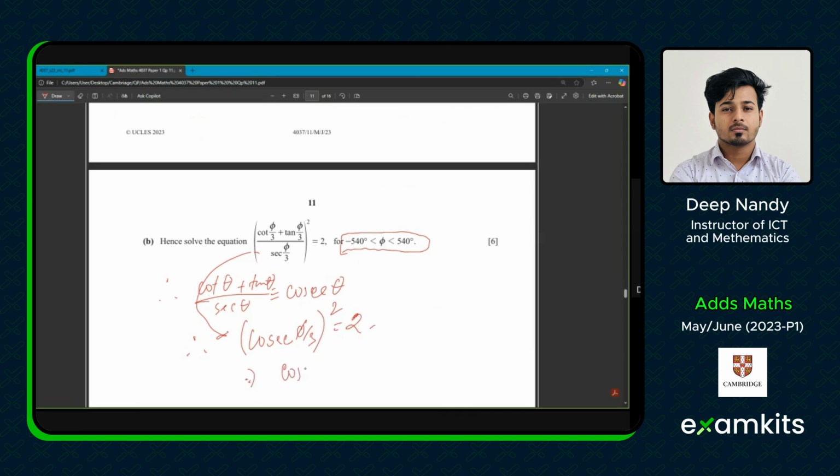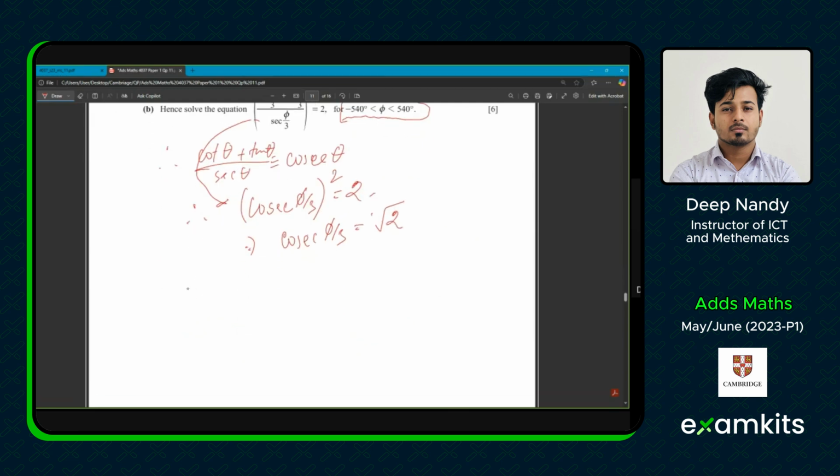We can say that cosec 5 by 3 equals to root 2. Cosec is 1 by sine, so 1 by sine 5 by 3 equals to root 2. Sine 5 by 3 equals to 1 by root 2. 5 by 3 equals to sine inverse of 1 by root 2.